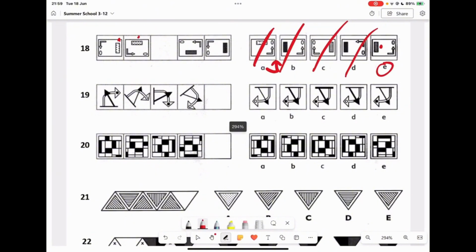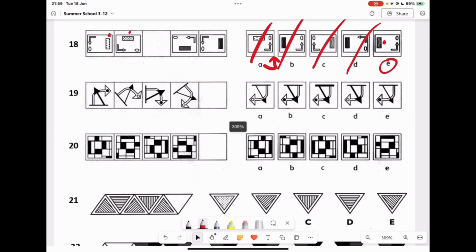Okay, so for question 19. For question 19, the shape is being rotated 45 degrees clockwise each time. So we can expect the line to be at the top, and that's the case in all of our options. We can expect the arrow to be pointing this way, and then we can expect our dot to be black.